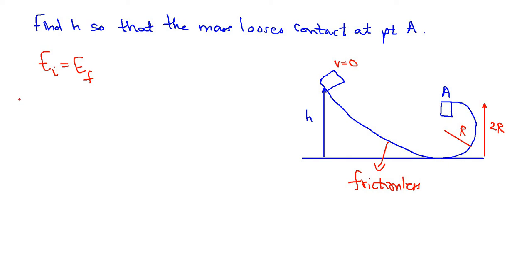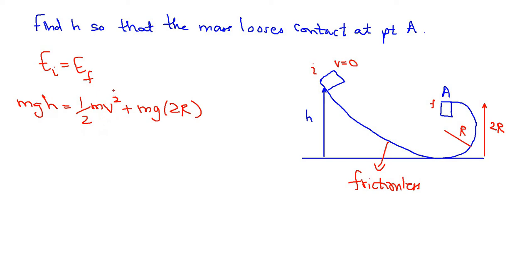That means the total energy at the point where it starts, the initial point, is mgh. Then at point A, the final point, it's half mv squared plus mg times the height. The height at A is 2 times r. So we have an equation that has h in it, but we don't know v.